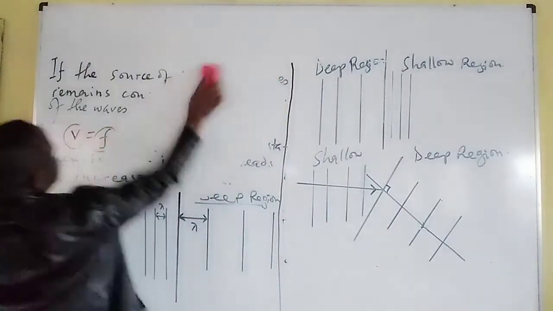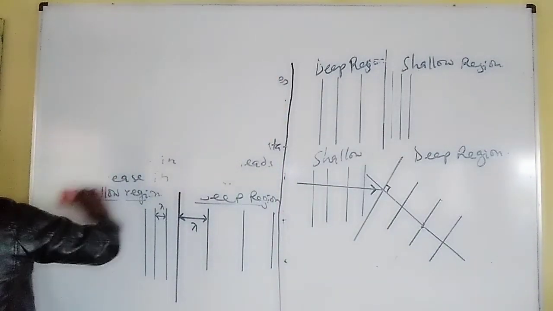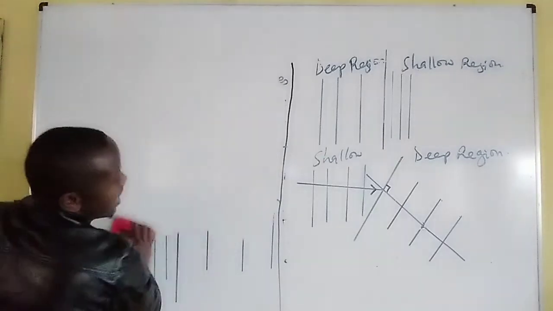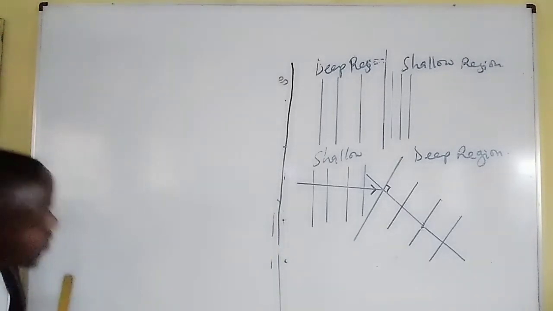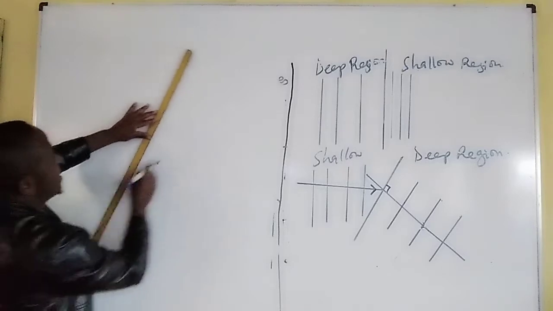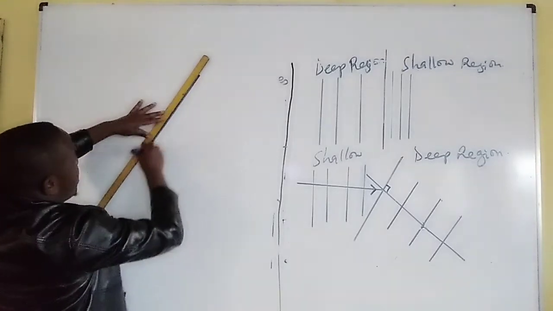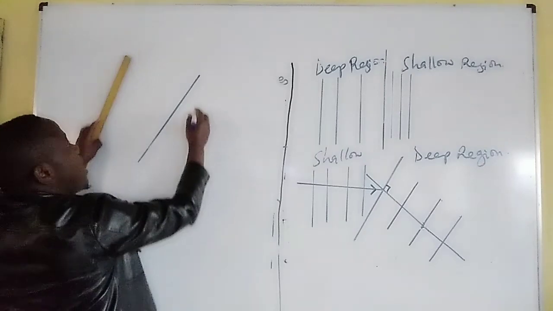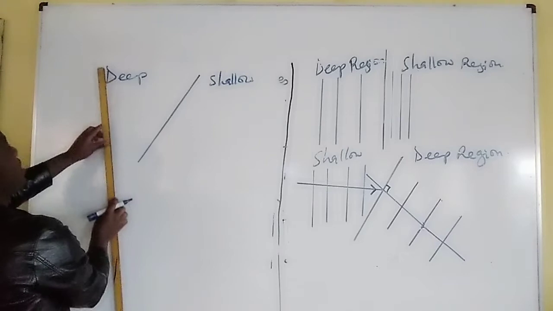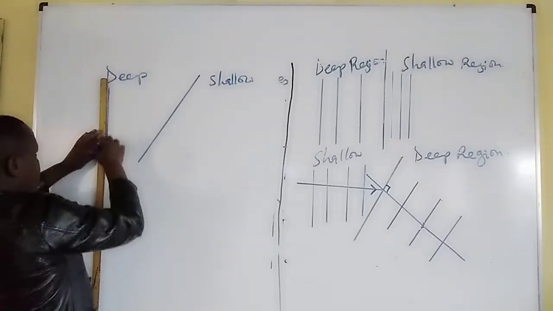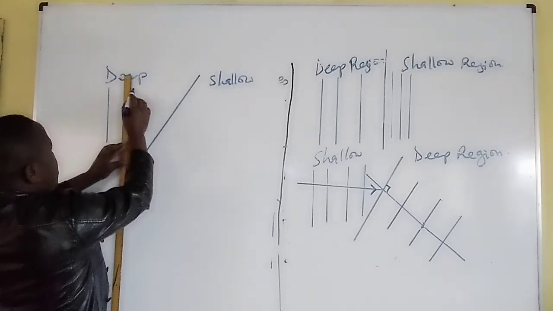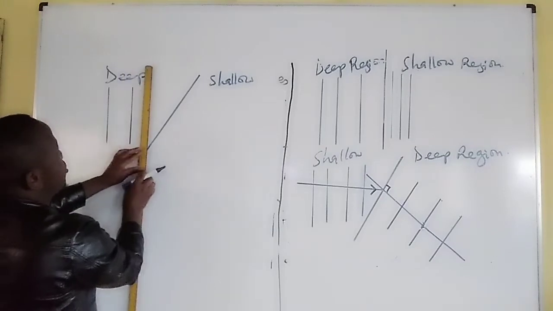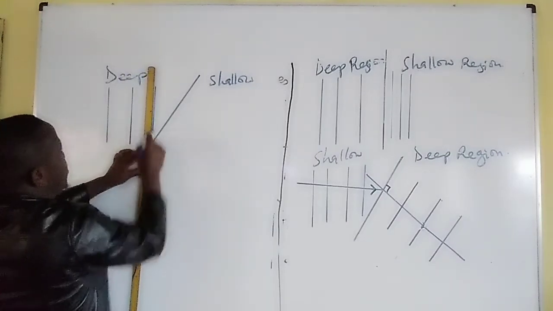We can have a representation from a deep to a shallow region, showing how they bend. So if this is a region, then we have waves approaching this boundary.